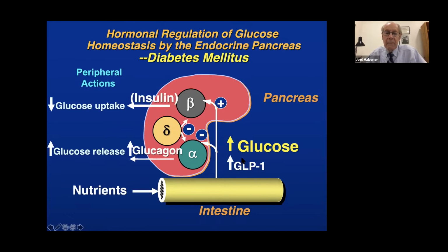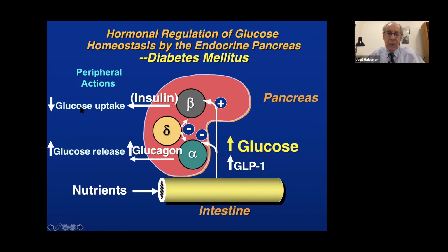Now, what happens in diabetes, particularly type 2 diabetes, is that glucose is much elevated. It's called hyperglycemia. And the GLP-1 is still secreted, but the insulin is very high, but the glucose uptake is not increased.